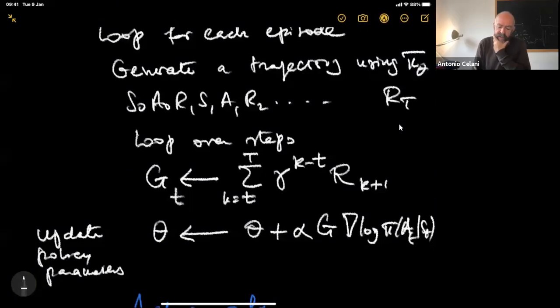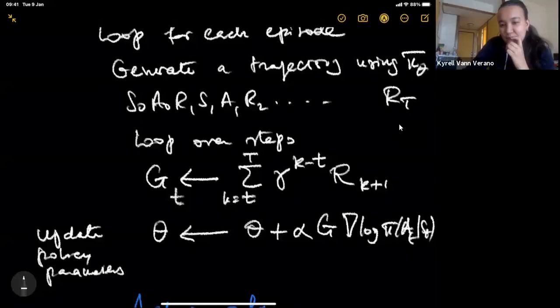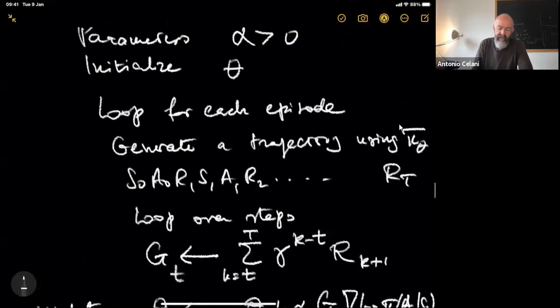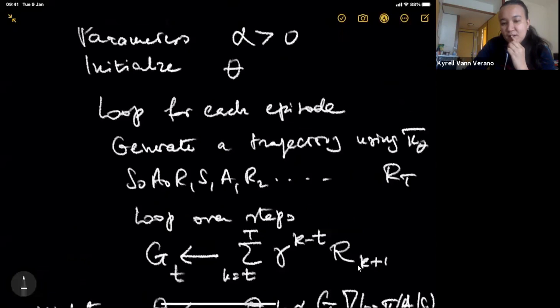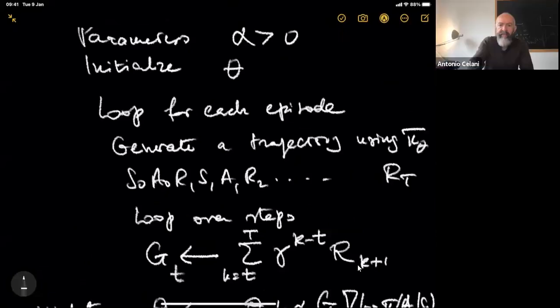Yeah, so this you repeat at every step. So you start with t equals 0. And then you start here and at this point here, and then you look at all the trajectory. Sum up discounting. Okay. And then you use this to compute your gradient.